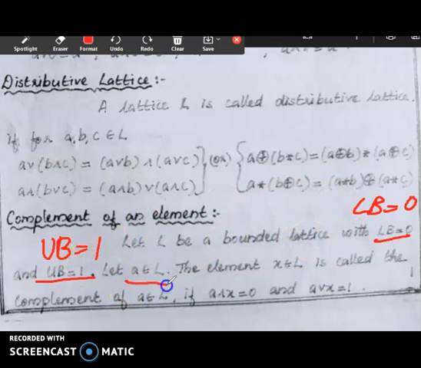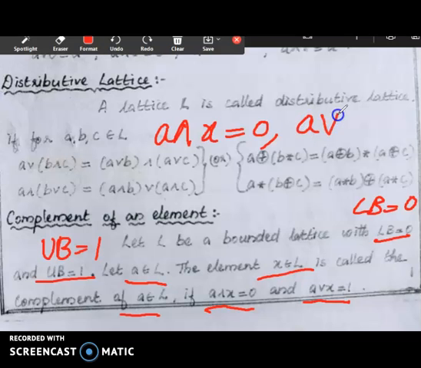Let A belong to L. An element X belonging to L is called a complement of A if A and X is equal to 0 and A or X is equal to 1.